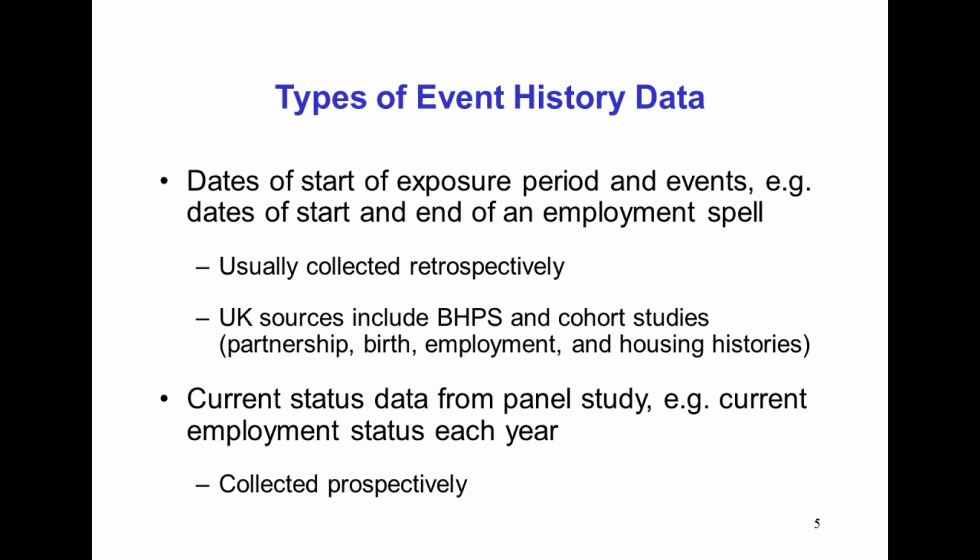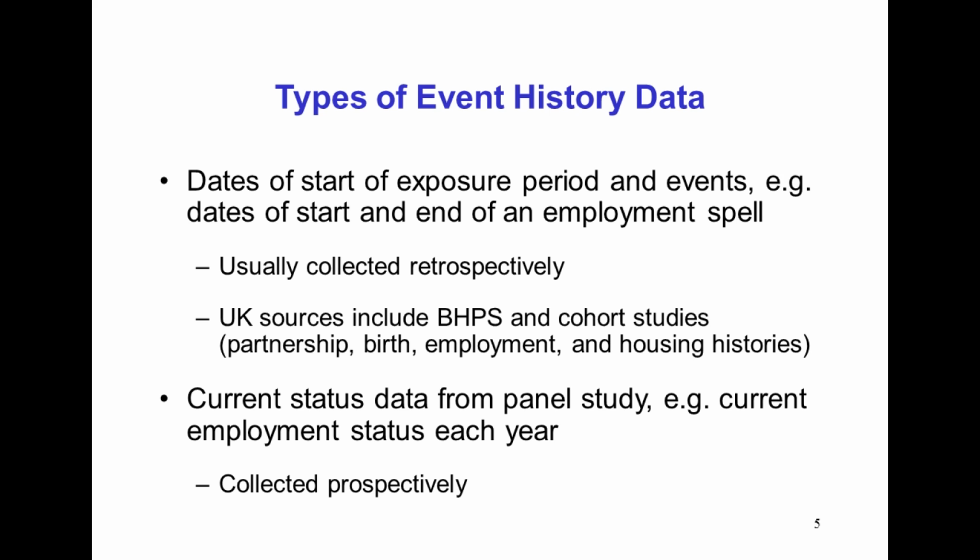From that, you can convert into a duration. Very often, this information is collected retrospectively. In the example I'm going to be looking at, I'm looking at the age of first partnership, and in this particular cohort, people were asked at age 33 to recall events that had happened since the age of 16. So that's retrospective data.